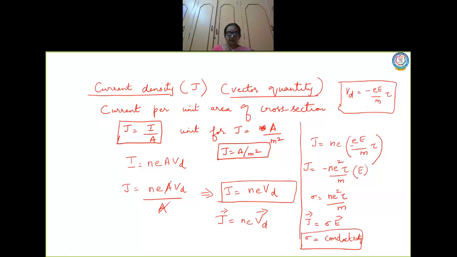I read the sum. An electric field of magnitude 570 Newton per coulomb is given, and the charge of an electron, of course you know, e is equal to 1.6 into 10 power minus 19 coulomb, and the mass of the electron is 9.11 into 10 power minus 31 kg.